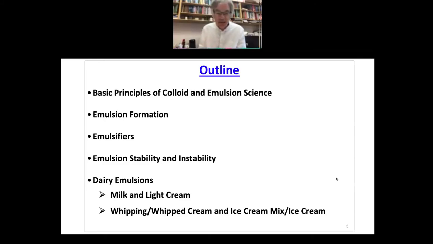The second category of dairy emulsions are whipping and whipped cream, and ice cream mix and ice cream. In both of those cases, we build in a controlled instability in the emulsion so that we can set up structure through the fat globules and a fat crystal and fat globule network. And so I will be contrasting stability versus instability in a controlled way by looking at those dairy emulsions.